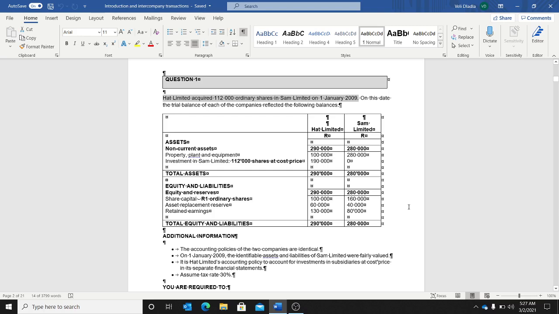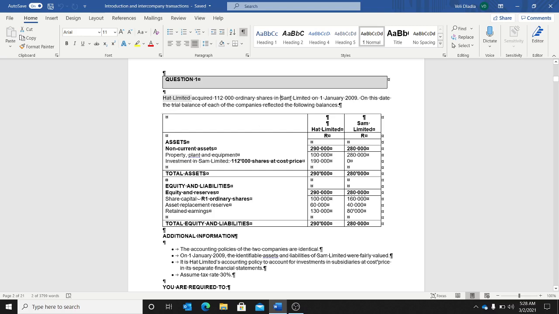It can be any date during the whole year. So that is the date, and in this case, it specifies how many shares you bought. So the company that is acquiring the other one, like HAT here, is called a holding company.